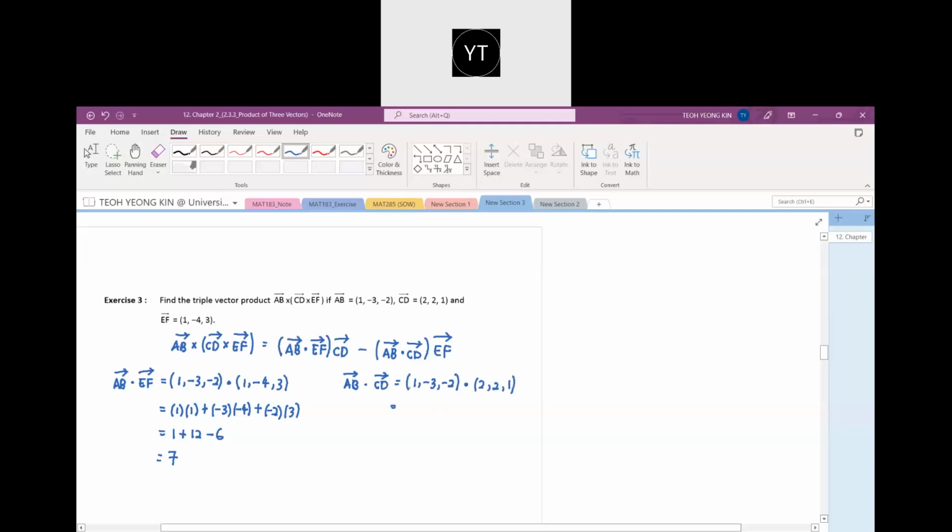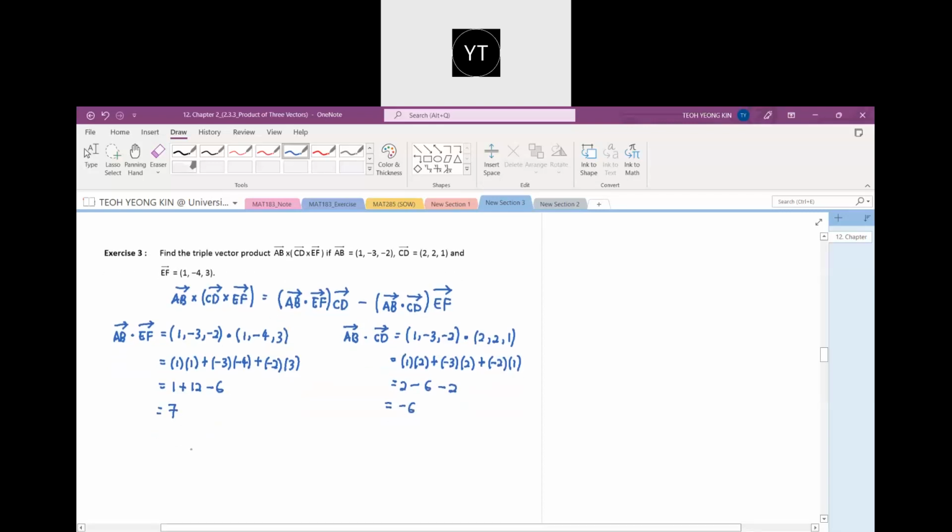So here 1 times 2 plus -3 times 2 plus -2 times 1. So here is 2 minus 6 minus 2, so here is -6. So here is the dot product.